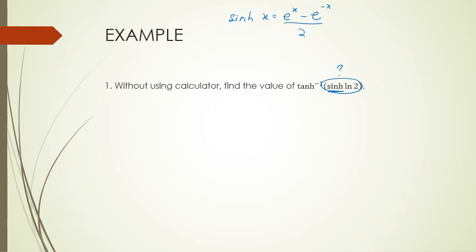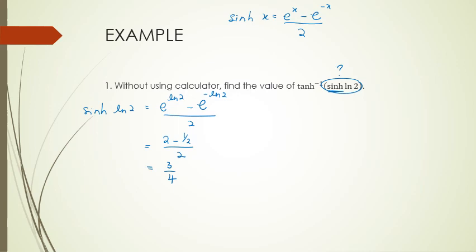So sine hyperbolic ln 2 equals e to the ln 2 minus e to the negative ln 2, over 2. Simplify, it becomes 2 minus 1 over 2, over 2. So the answer is 3 over 4.